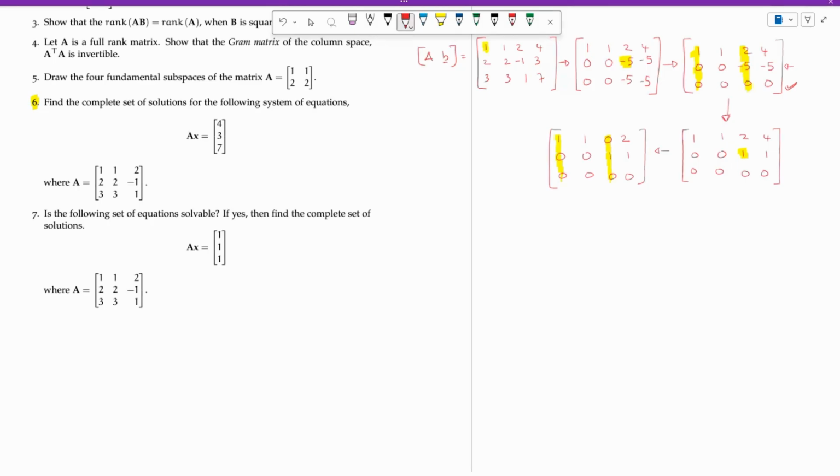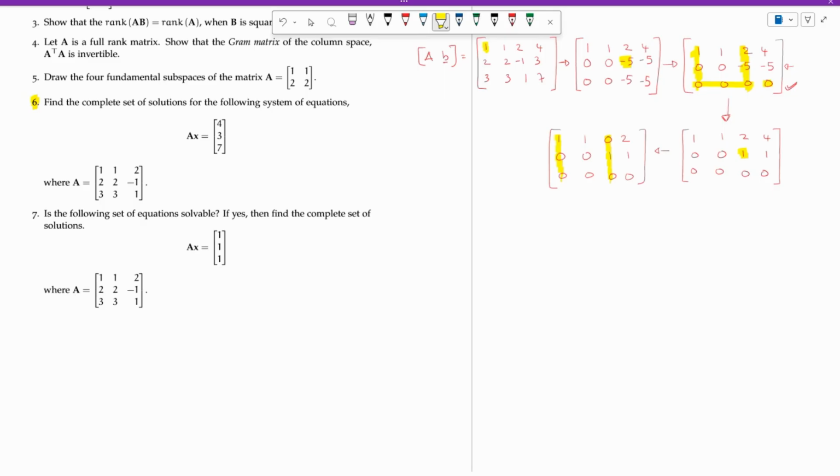The rank of A should be equal to the rank of the augmented matrix AB. So whenever you have a 0 row for the A part, the corresponding B part should be 0. If that was non-zero, then it's not solvable. Here that is satisfied. The last row of A is 0, and the B component is also 0. That means the system of equations is consistent. If they're consistent, they are solvable. Okay, they are solvable. Is the solution unique?